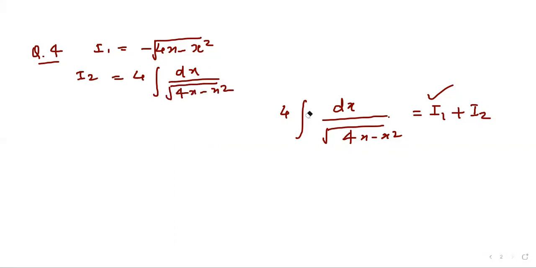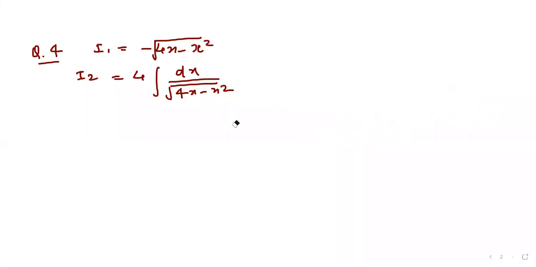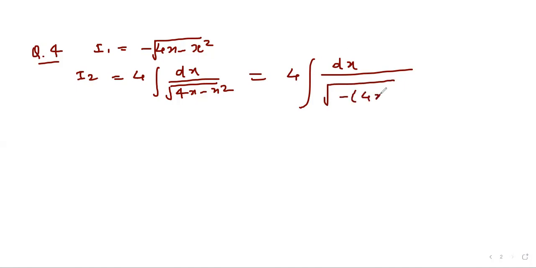Now let's proceed by making it a perfect square. It will be equal to 4 times integration dx divided by root of, if we take minus sign outside, then 4x will become negative, and x square will become positive.